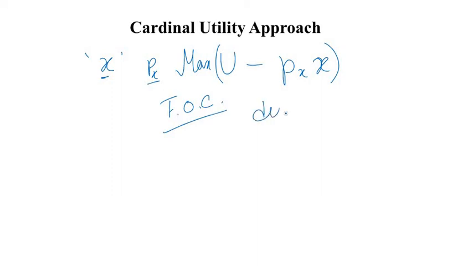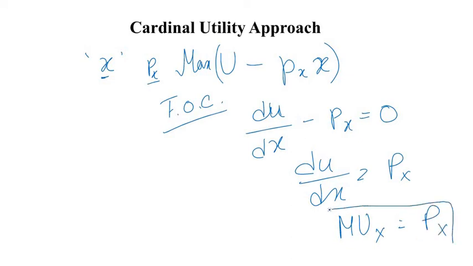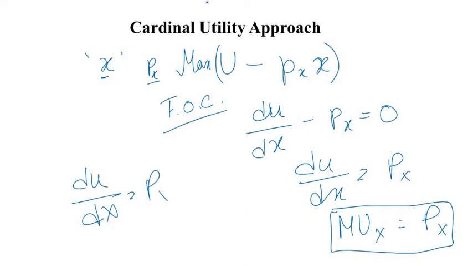The first order condition is dU/dX minus Px equals 0, of course. dU/dX is equal to Px. We can write it as MUx equal to Px. Now, some of you may have the question: why is dU/dX equal to Px, MUx, right?